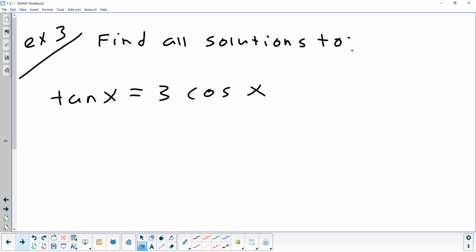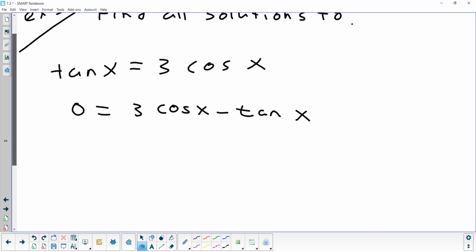Yeah, we need to subtract tangent x. So now it's equal to 0. And the next thing we have to do is find the period of each independent periodic term, and then give me the LCM of all of them. No powers here, so we don't have to worry about that.